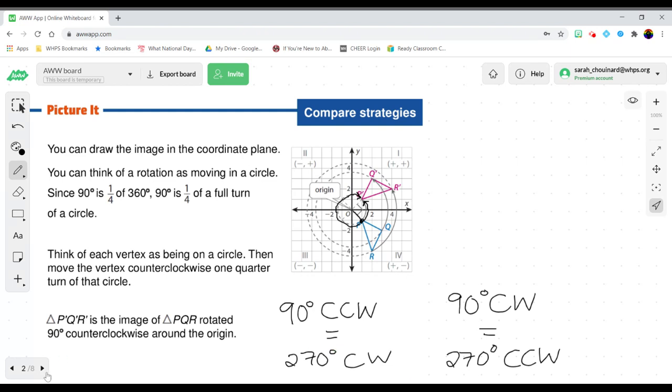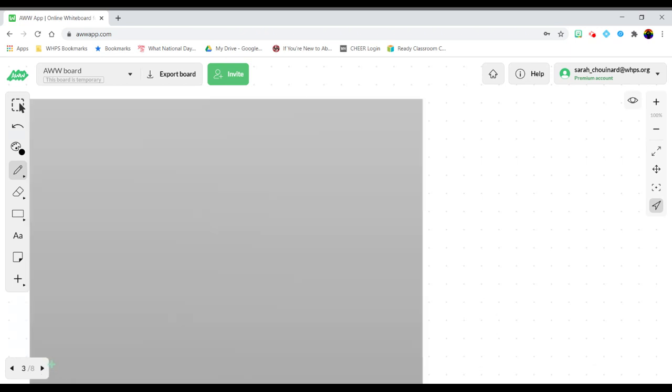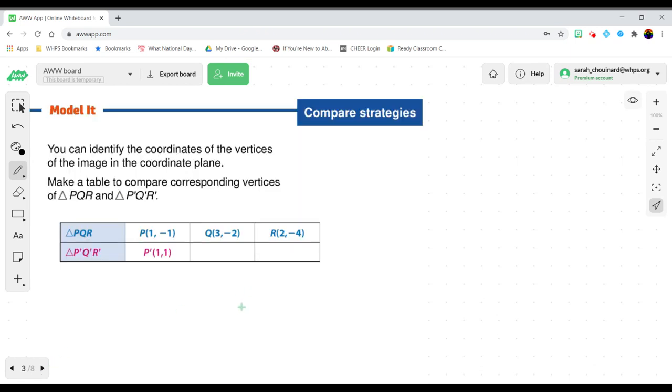So let's now try to come up with a rule, because we want a rule that is going to help us easily determine the coordinates of our image when we rotate it. At the bottom here, we're using the graph above to come up with the coordinates. P prime was at 1, 1. Q prime is at 2, 3.